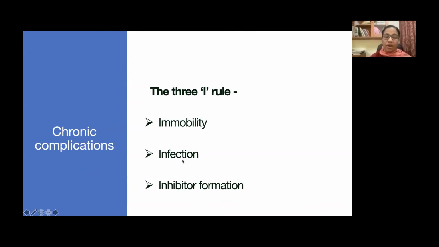Infections can be a local bacterial infection that can spread from other sites of the body, or viral infections, that is transfusion transmitted, that we'll discuss. And inhibitor formation, this is the most important one to deal with, because we have factors to manage inhibitors, and it is different from factor replacement.